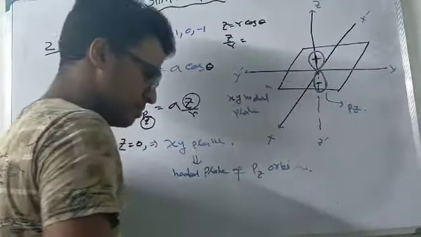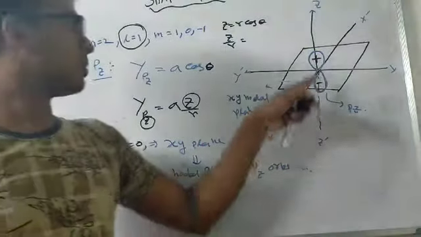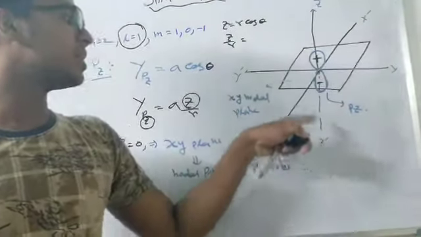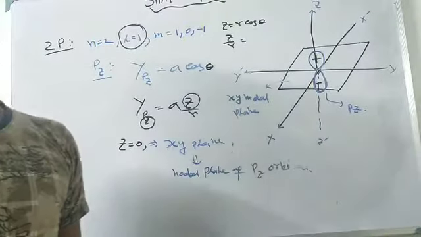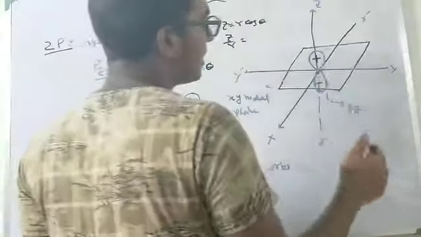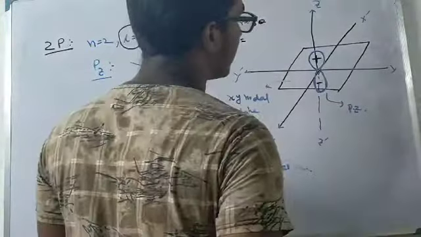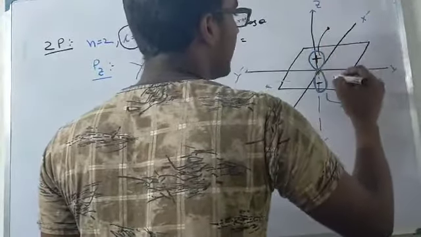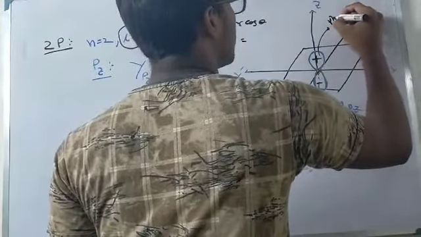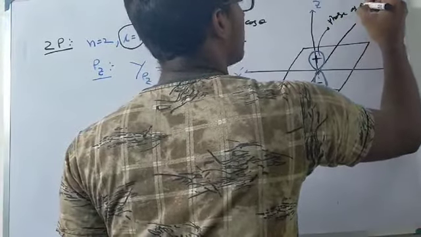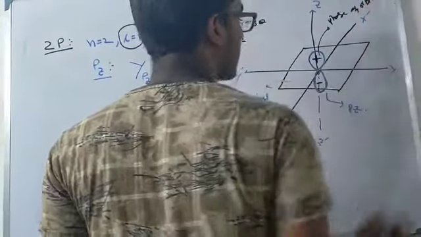The lower part is present in the negative part of the z axis, so that's why it is represented by minus. This plus and minus are called the phase of the orbital.